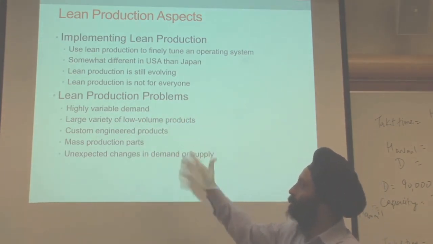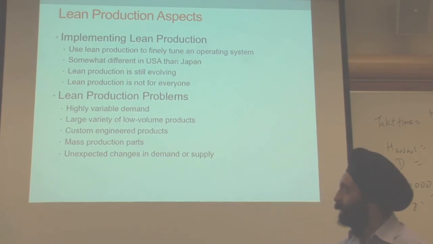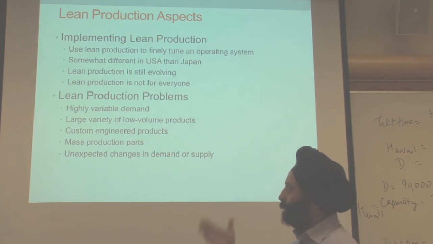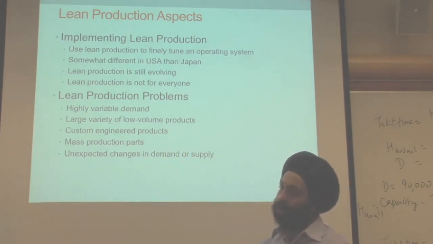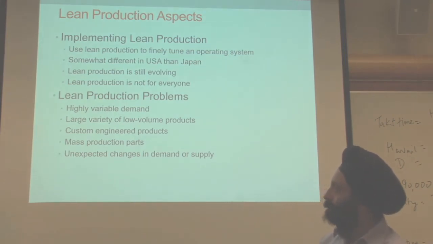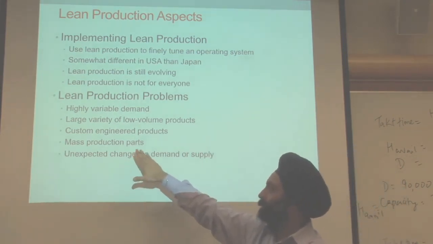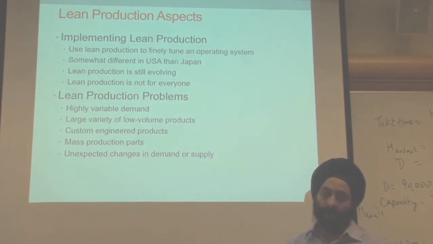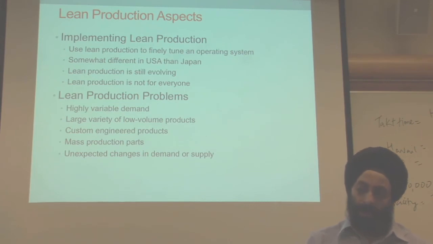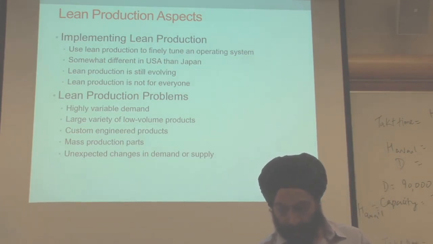A large variety of low volume products also makes it harder to use lean processes, and custom engineered products are another area where lean will not deliver well. On the other hand, mass produced parts, or unexpected change in demand and supply. Any one of those scenarios will make lean not a good choice of process.